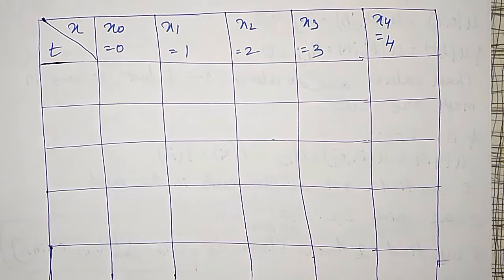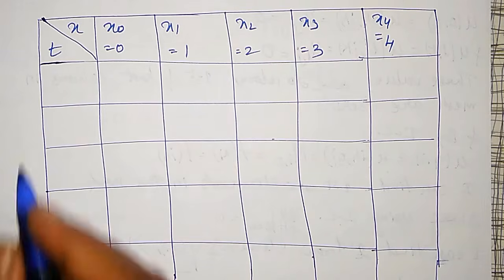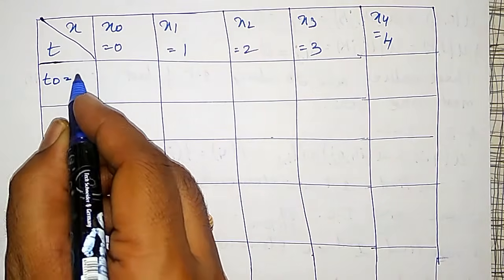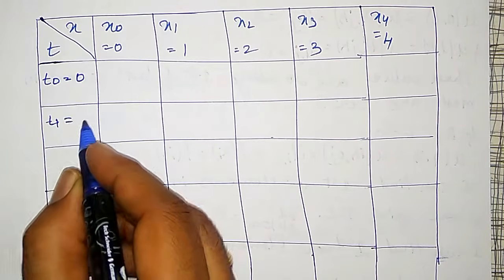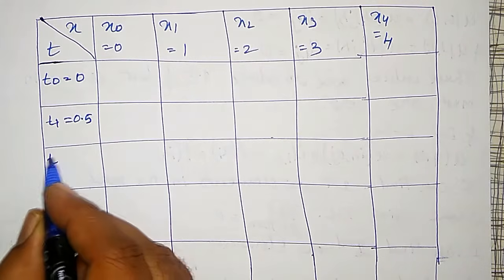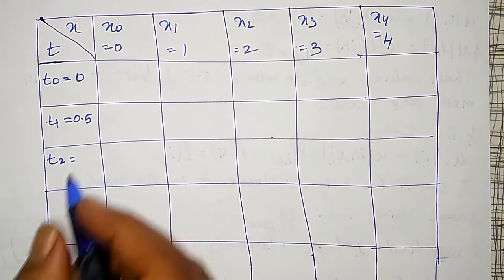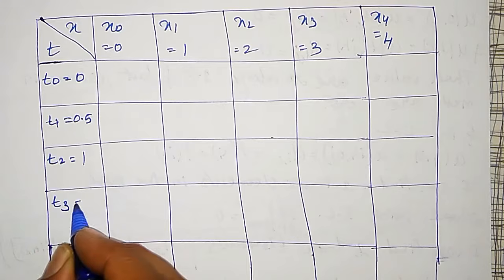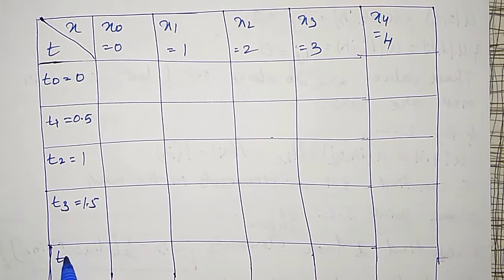Like that, along the first column t values I will take, that is t0 = 0, t1 = 0.5, t2 = 1, t3 = 1.5 and t4 = 2.